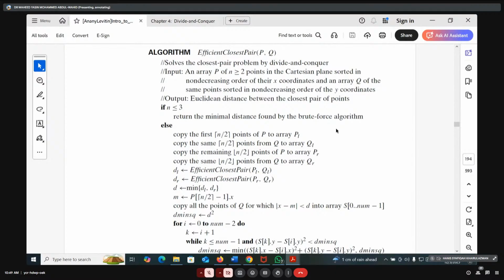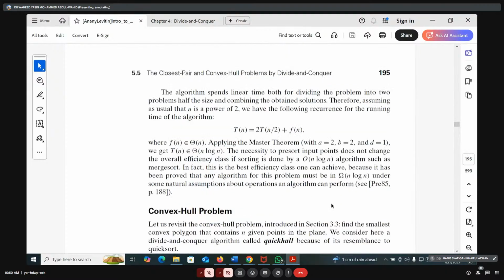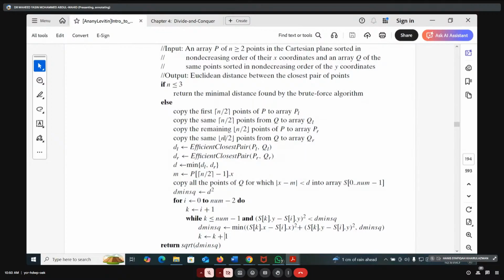The x coordinate and y coordinate have to be in non-decreasing order. Output: Euclidean distance between the closest pair, the closest pair distance D. So here, return the minimum distance found by brute force if n is less than 3.